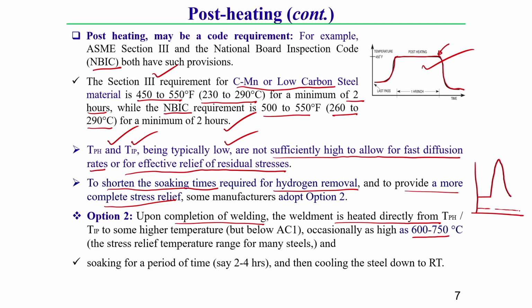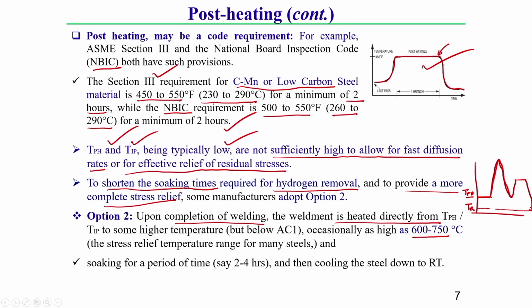Let this be room temperature, T room, and this be our TPH temperature. From this preheat temperature we heat the plate, then cool down, then from preheat temperature we raise the temperature to around 600 to 750 degree centigrade. After that we cool down to room temperature.